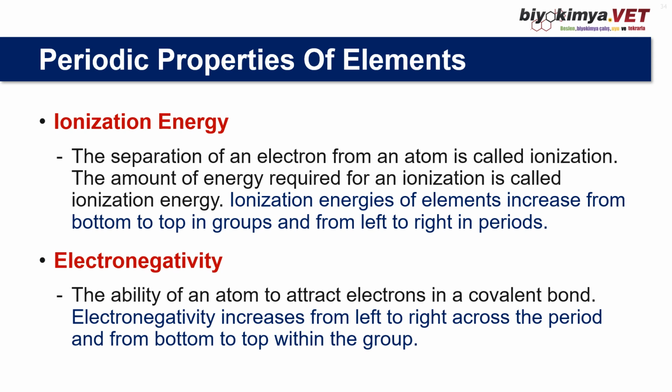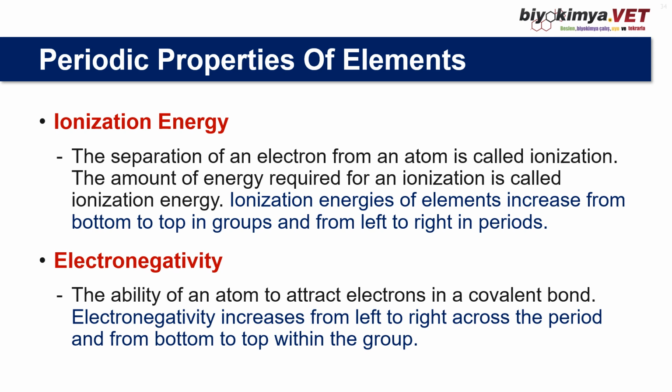And electronegativity measures the tendency of an atom to attract electrons and form bonds with electrons. And as with atomic radius, metallic character, ionization energy and electronegativity, including electron affinity, which I will define after the next slide, these follow the same periodic trends.